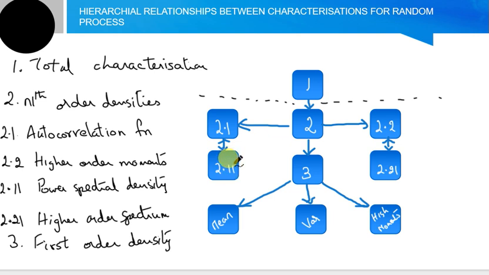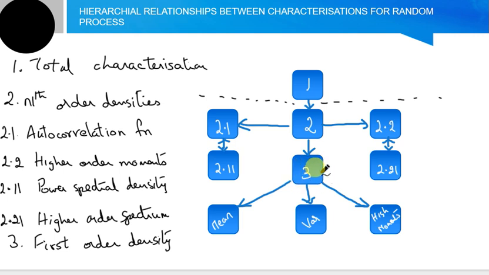The power spectral density is got by taking the Fourier transform of the autocorrelation function, and by taking the inverse Fourier transform, we may revert the relation. Now, from 2, we also move on to 2.2, which is nothing but the higher order moments, and from the higher order moments, we can move back and forth to the higher order spectrum. From the second level, that is the nth order density, we move down to get into the first order densities.